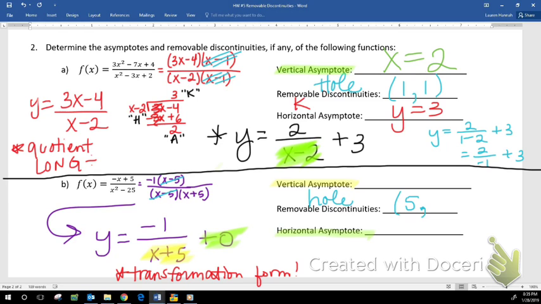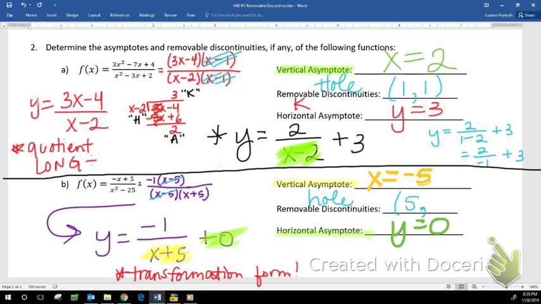So the vertical asymptote is at x equals -5, in a little mustard yellow for you. And then the horizontal asymptote is at y equals 0.